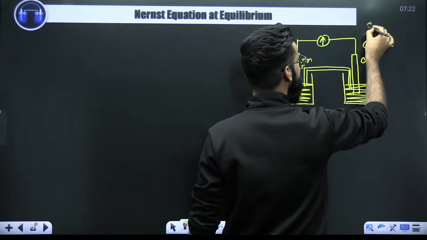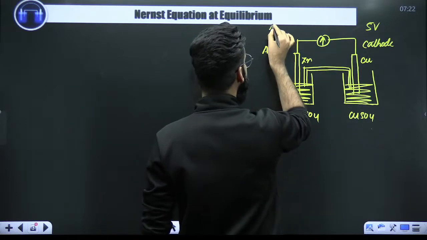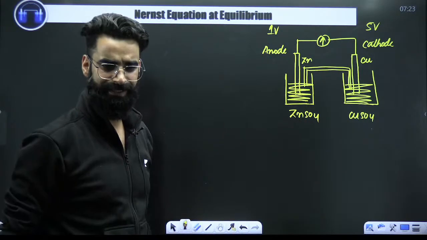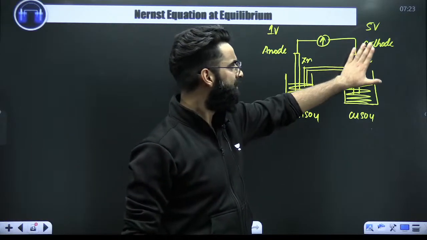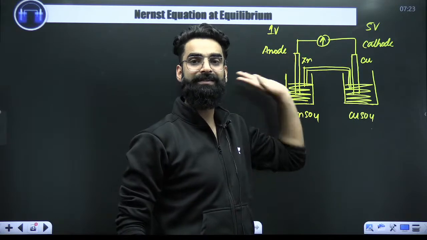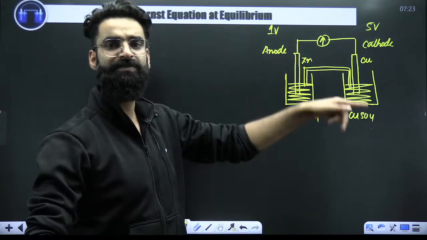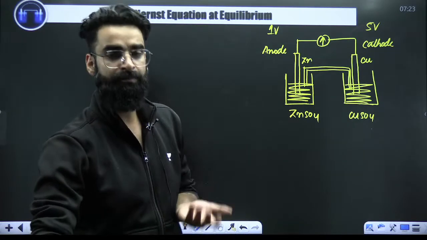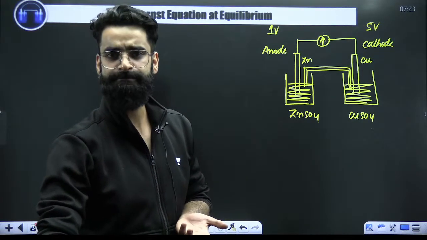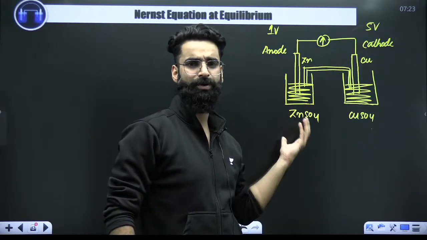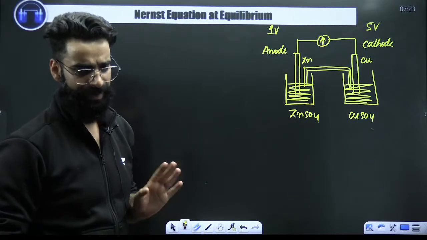Imagine the SRP of copper electrode was 5 volts and the SRP of zinc electrode was 1 volt. Now, which one has got more SRP? Copper. The one which has got more SRP will easily undergo reduction, and reduction happens at cathode. So your copper is behaving like cathode and your zinc is behaving like anode.